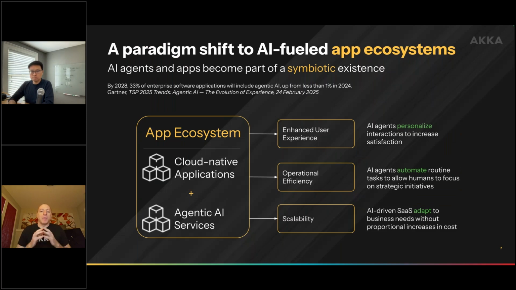Now, what happens when you start incorporating your AI LLMs alongside your cloud native applications, and you start integrating these things together, is that you start building these powerful application ecosystems that can deliver one of three types of, let's call it superpowers or enhanced capabilities.